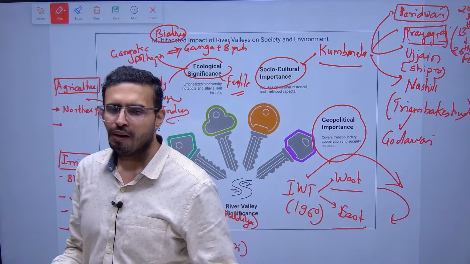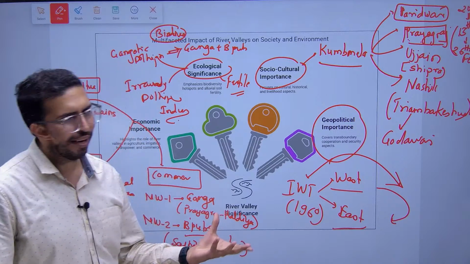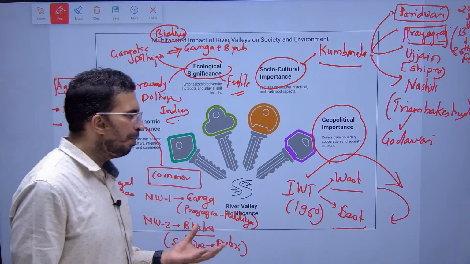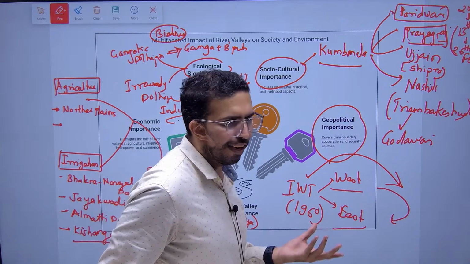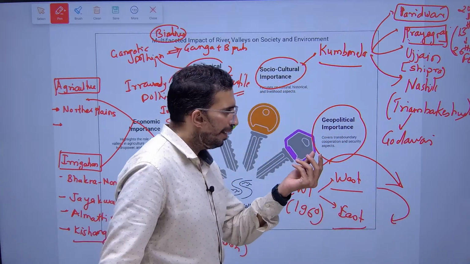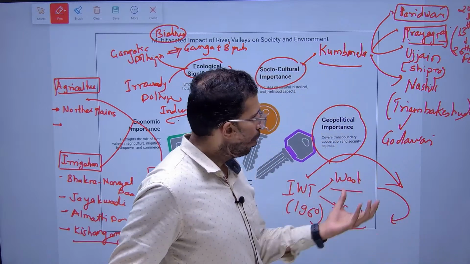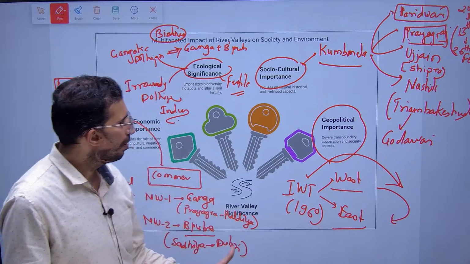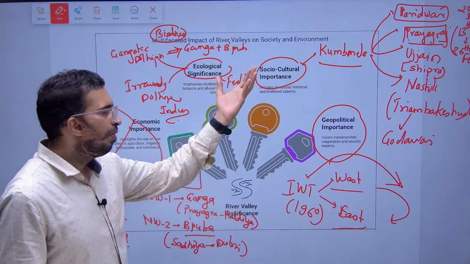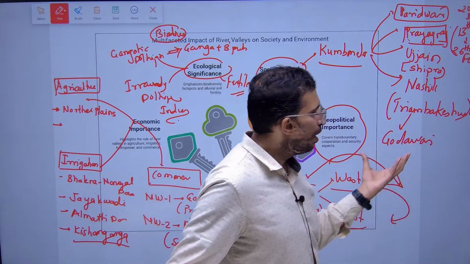UPSC or the examiner doesn't expect general answers. If we write a general answer, the examiner can't mark it incorrect, but you may lose the important edge as compared to other aspirants. So always include examples, and this will give comprehensiveness to your answers.